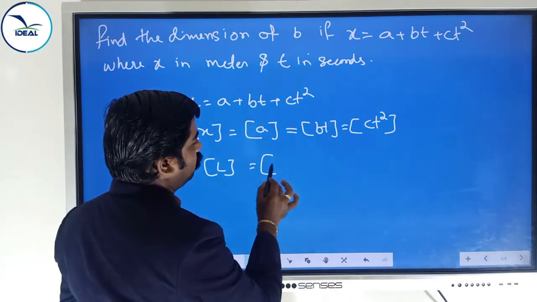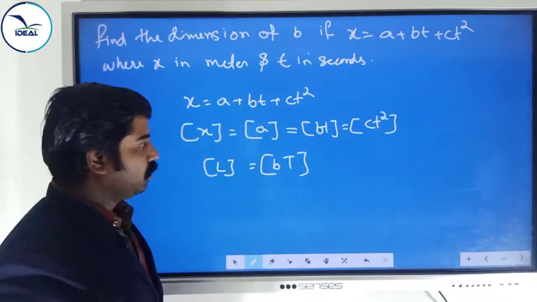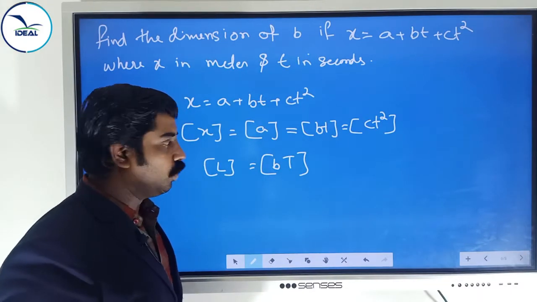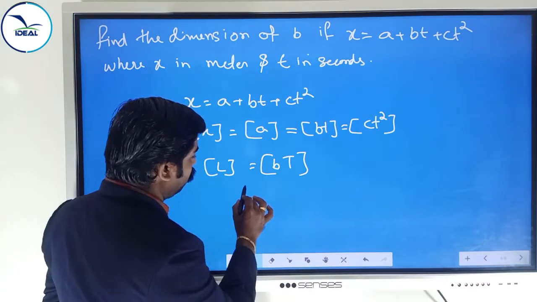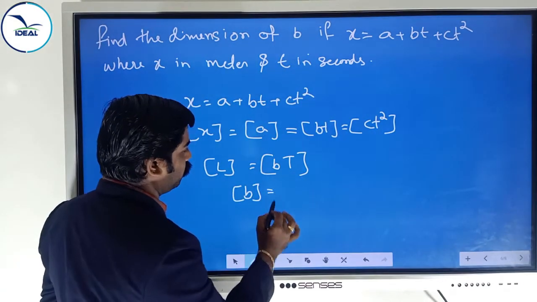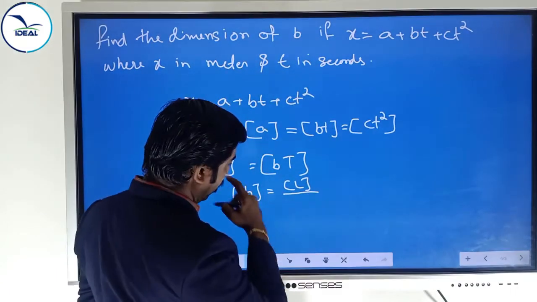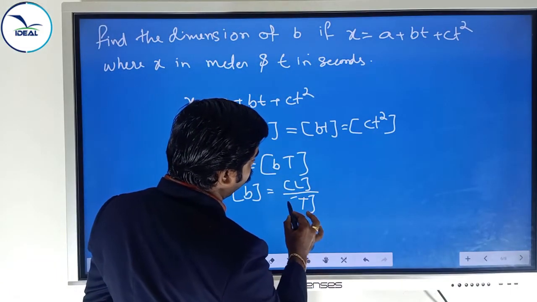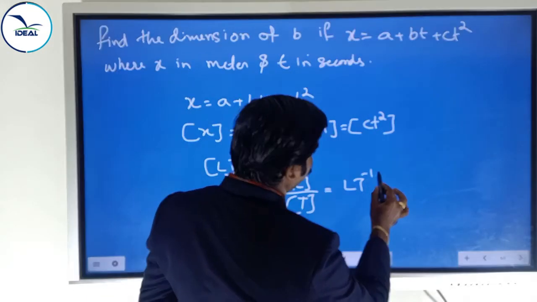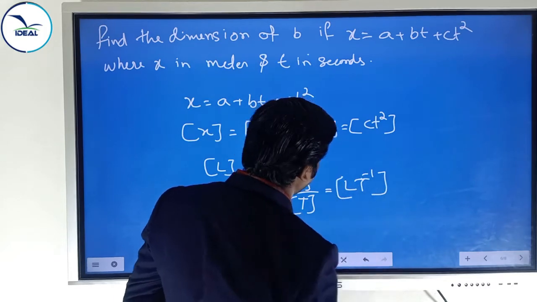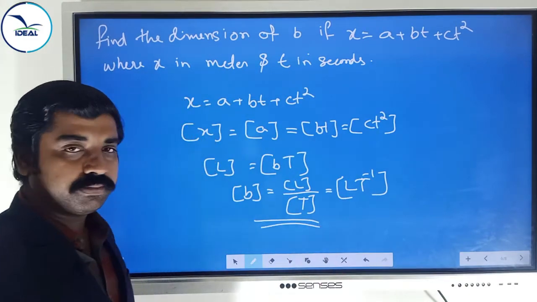For this P, the dimension of T is capital T. I don't know the dimension of B, so I want to find the value of B. By solving this, the dimension of B is equal to L by T, so that must be equal to LT raised to minus 1. So the dimension of B must be equal to LT raised to minus 1.